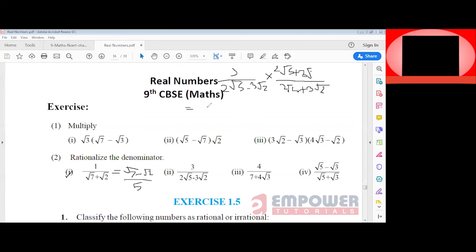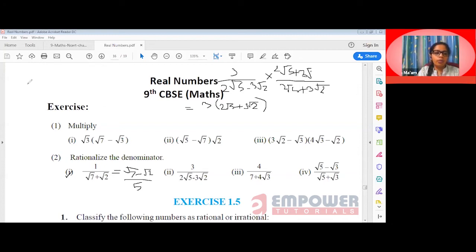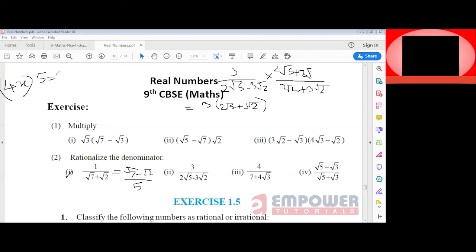Now what next? So now it will be 6 root. Ma'am, here do we have to multiply 3 to root 5 also? Basically, if you have 4x and you need to multiply this by 5, what will be the answer? 20x.